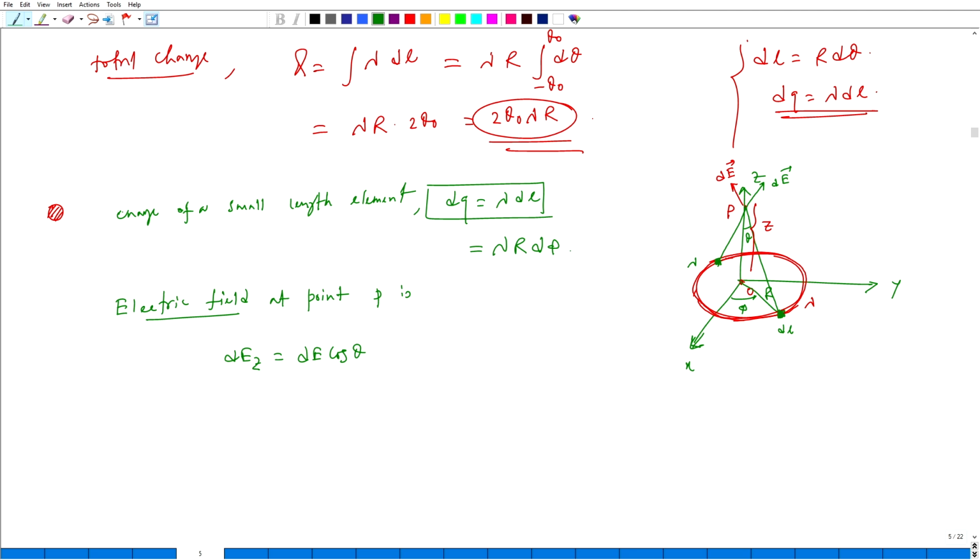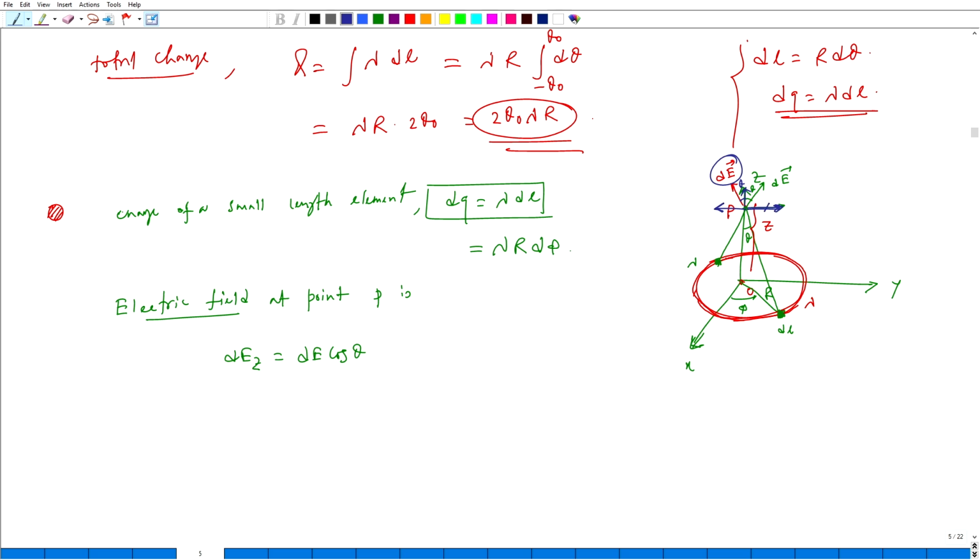So we use the symmetry argument. If we project this dE into the y component and z component, since we are considering the yz plane, and this dE again makes an angle theta with the z axis, we project again into y and z components.